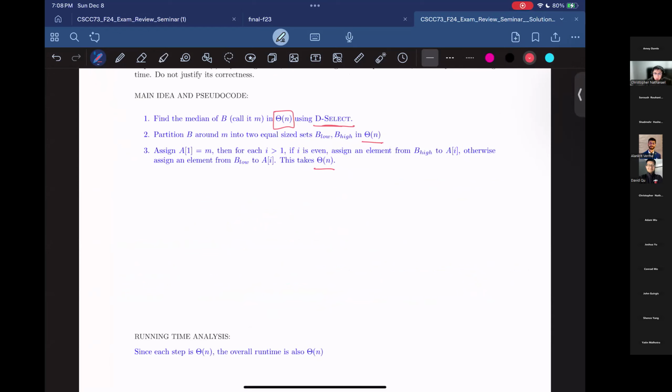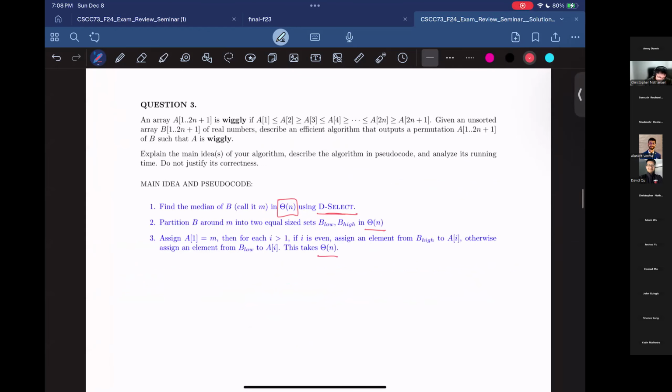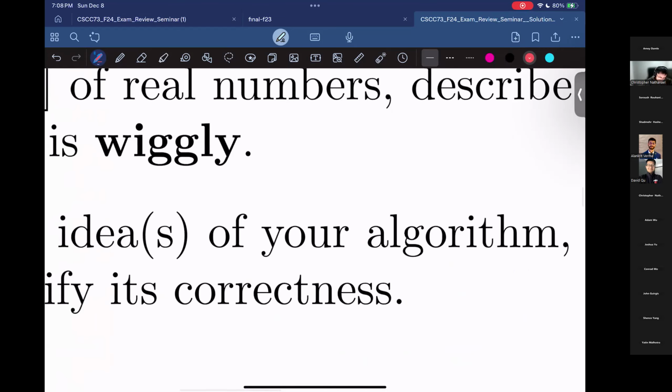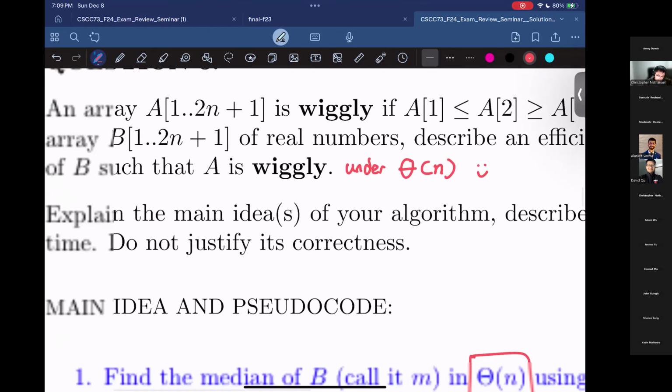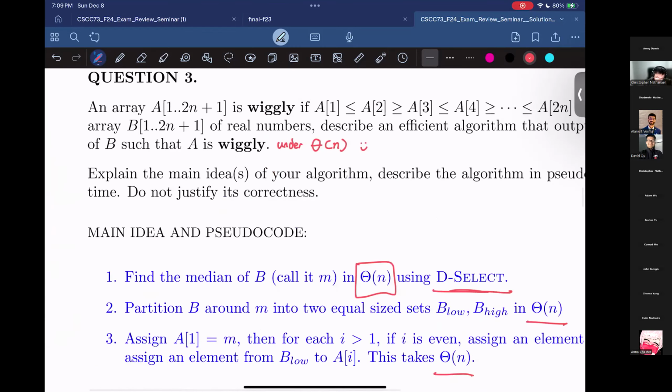Someone suggested, can we just sort the array? Sorting the array will take n log n time. I think this one should be under Theta(n). Yep.